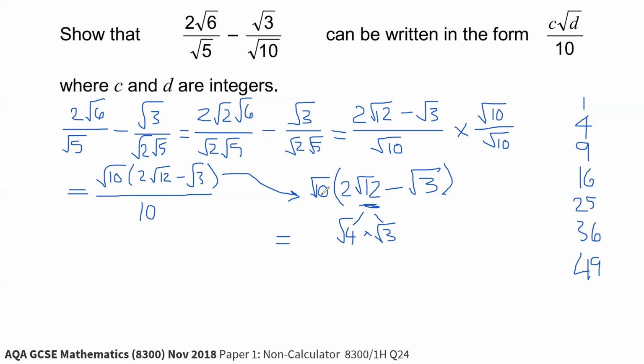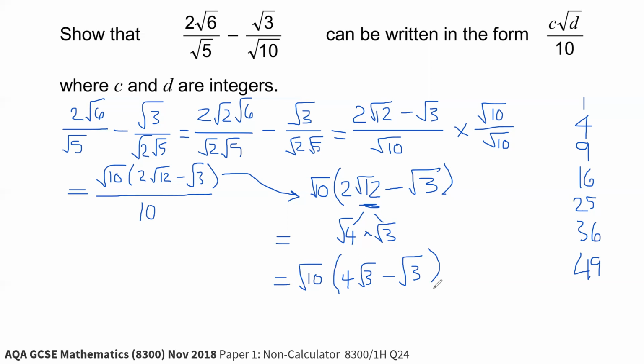So if we put this all back, we're going to end up with root 10, and then we're going to times that by 2 times 2, which is obviously 4, because root 4 is 2 times by the 2 that's already here, and then we've got to leave the root 3 as it is, and then we're minusing root 3. Okay. What you're hopefully realising here is we've got 4 root 3 minus root 3.